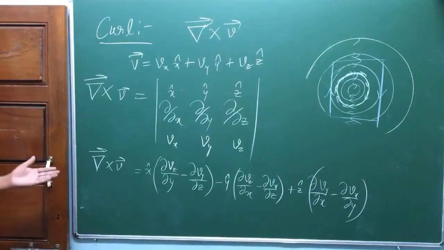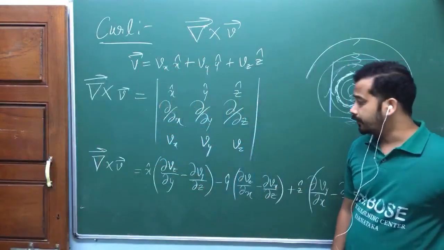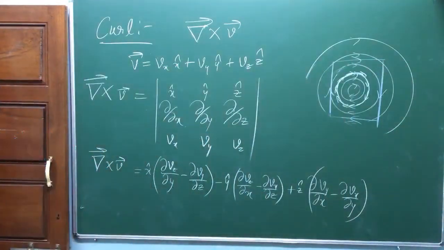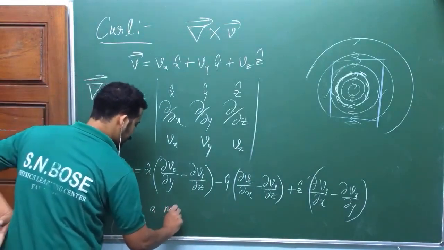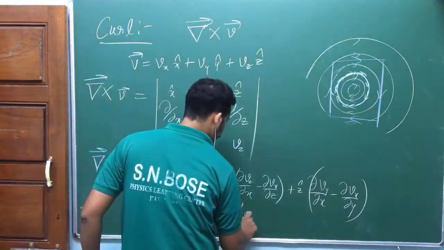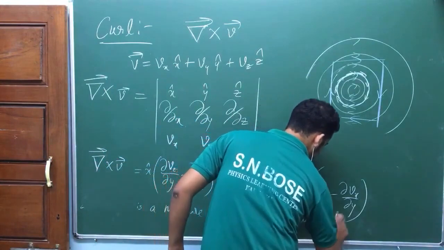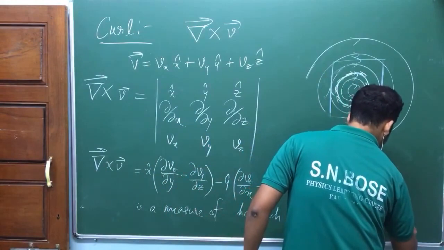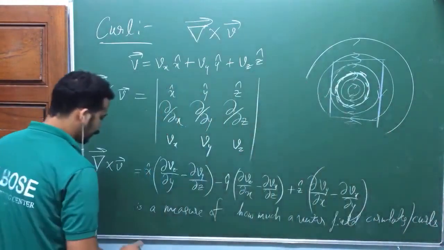Now I can give two definitions. One I have already given earlier. The second: curl of a vector field is a measure of how much a vector field circulates or curls around the point in question.